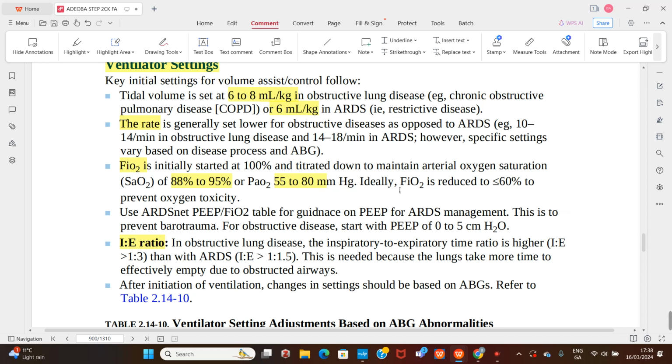But we must always remember that you don't want to keep your FiO2 above 60 because of oxygen toxicity. Oxygen can generate free radicals, it can destroy surfactant, can lead to inflammation, and can cause fibrosis at the end of the day. So you want to titrate your FiO2 down to less than 60, then you stop.